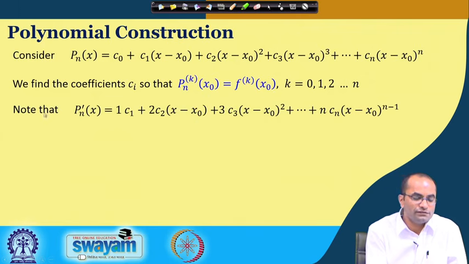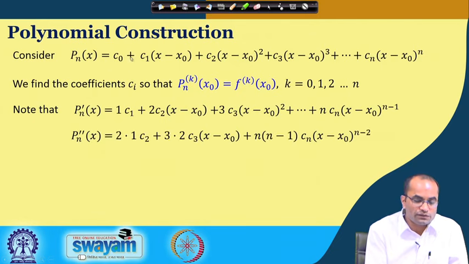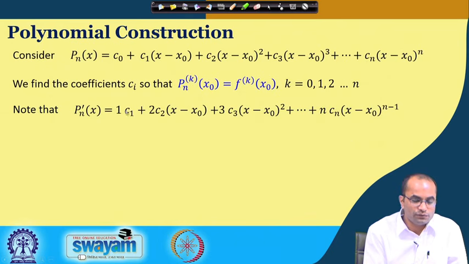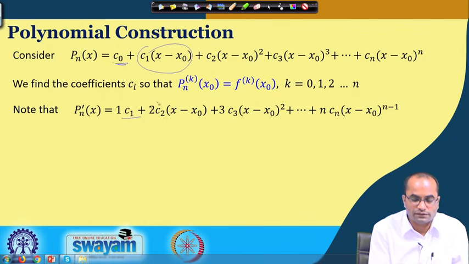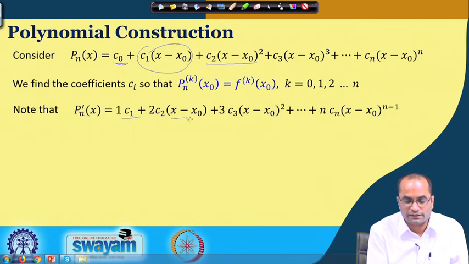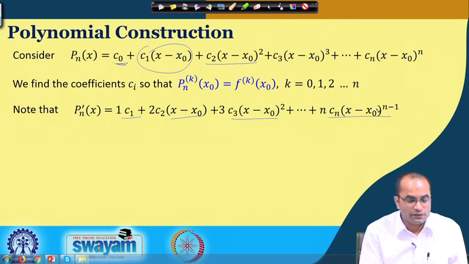Having this condition, first we note that the first derivative of this polynomial is, since c 0 is a constant, equal to 0 for the first term, and then from the second term we get c 1. Similarly, from the next we get 2 times c 2 times x minus x 0, then 3 times c 3 and so on.